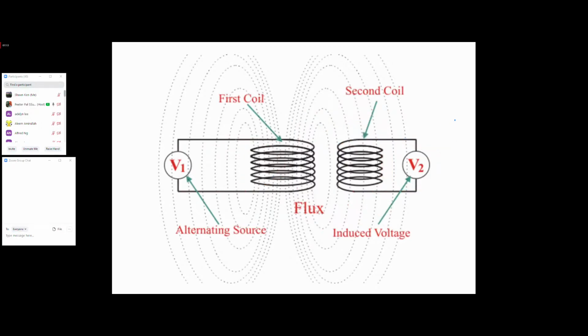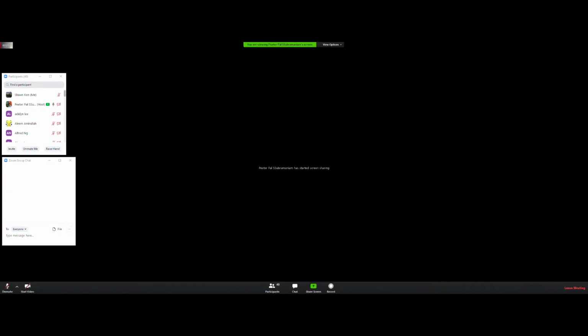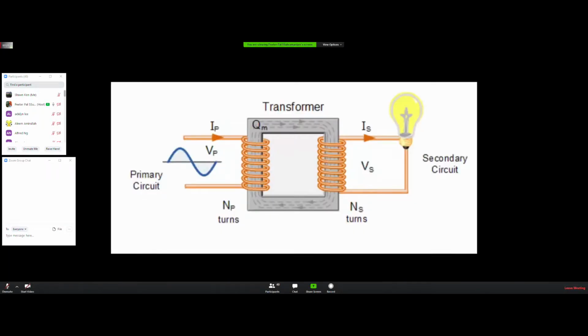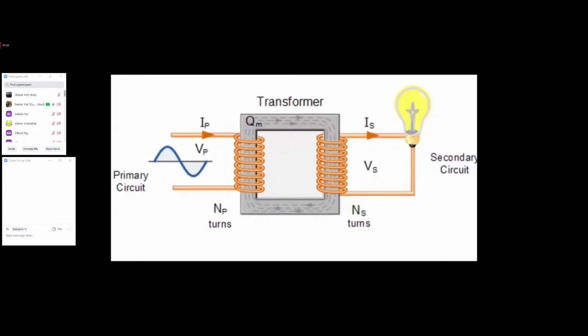Next thing again. If you see the diagram carefully, a transformer must have a primary voltage.